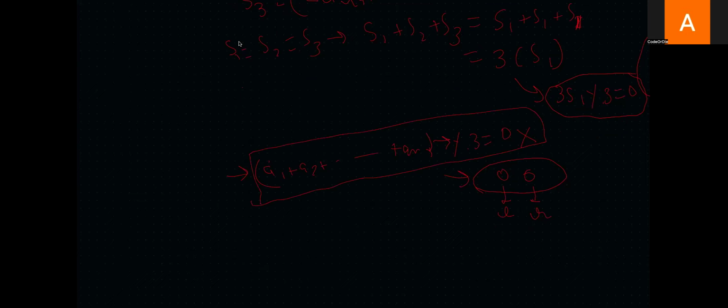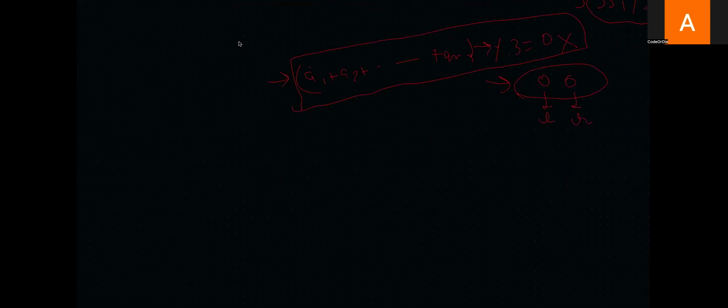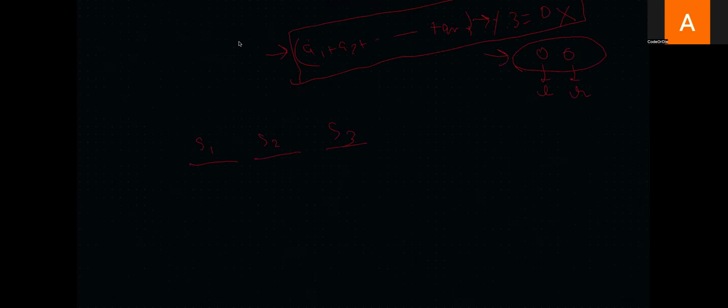Now, other thing. Let's say it's divisible by 3. So we would have some segment S1, we would have some segment S2, we would have some segment S3. And yeah, one more thing.